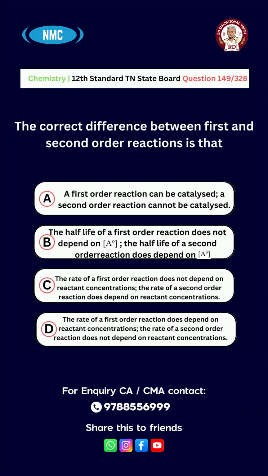Option C the rate of the first order reaction does not depend on the reactant concentration, the rate of the second order reaction does depend on the reactant concentration. Option D the rate of the first order reaction does depend on the reactant concentration, the rate of the second order reaction does not depend on the reactant concentration. The correct option is option B. The half-life of the first order reaction does not depend on initial concentration. The half-life of the second order reaction does depend on initial concentration.